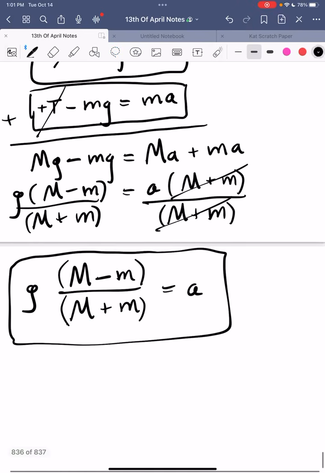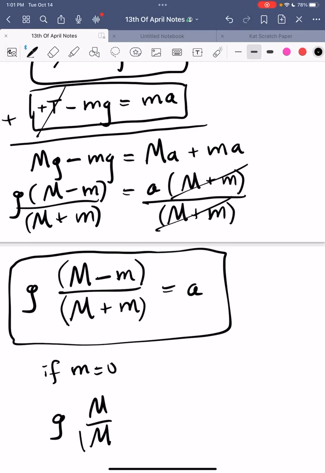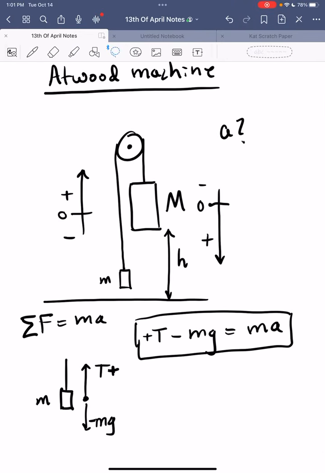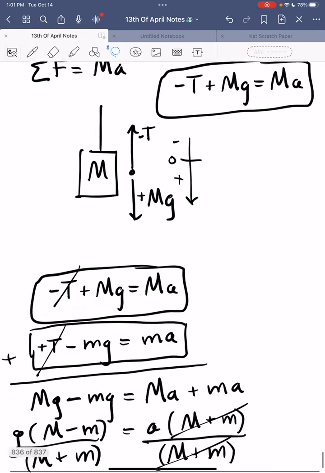Then we would have g times capital M divided by capital M equals A. Well, you know what that is, that's just 1. And so the acceleration of the whole system would be just g going downward. That's if this mass doesn't exist, and so that's just this thing in free fall.